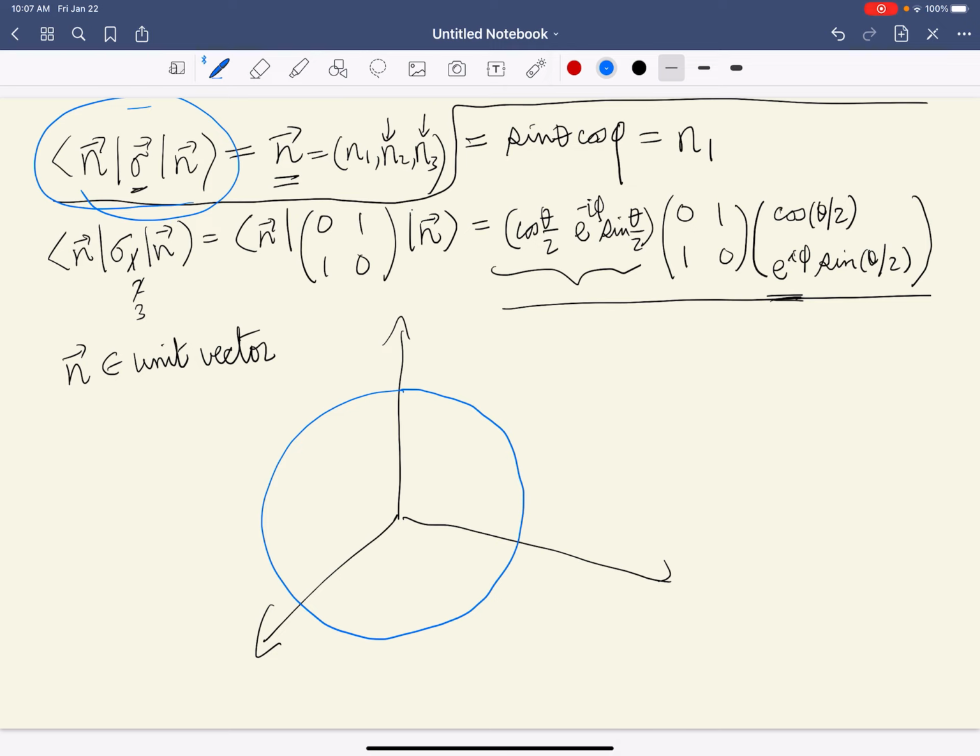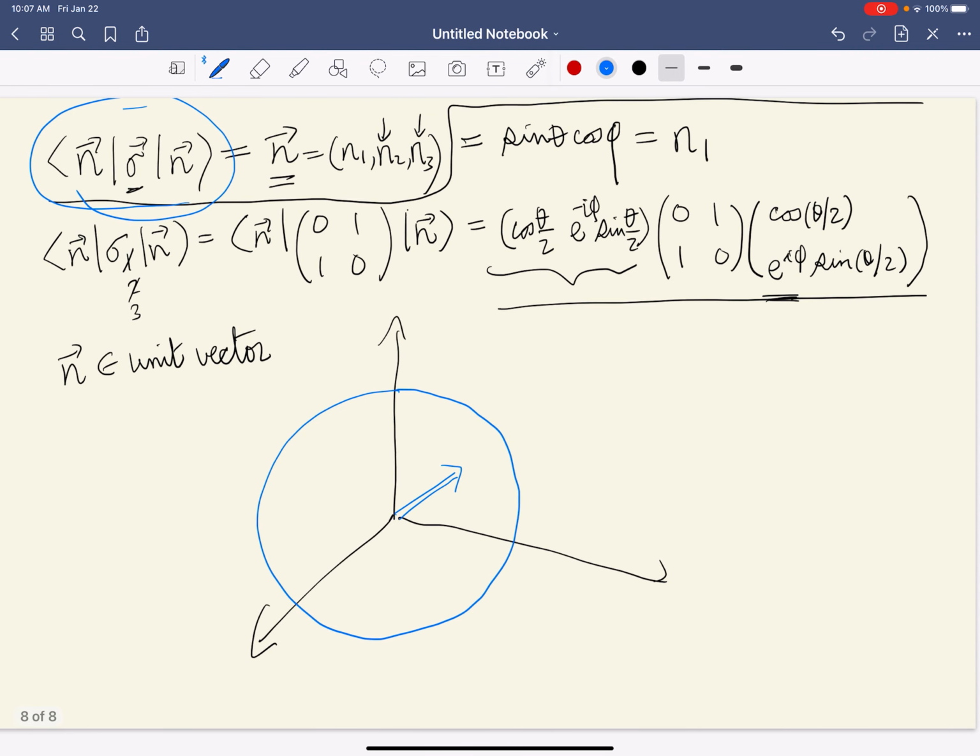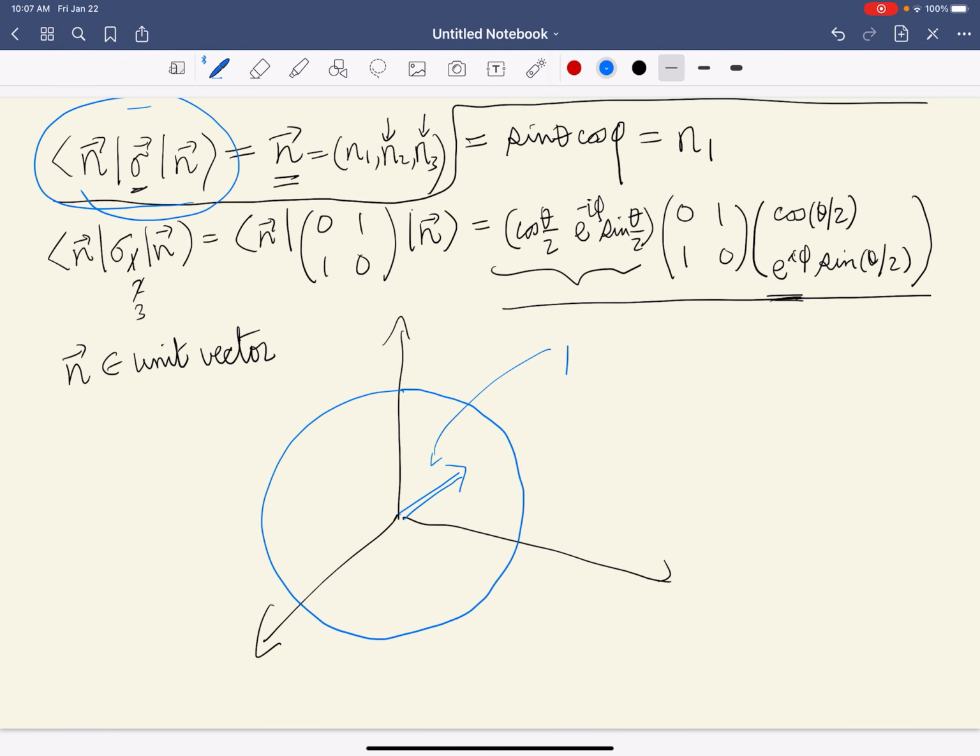Okay, so this is my unit sphere, and this arrow represents n, which also represents the expectation value of my effective spin operator. And this kind of sphere is famously called the Bloch sphere.